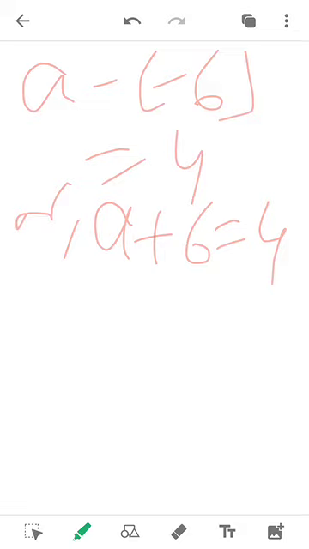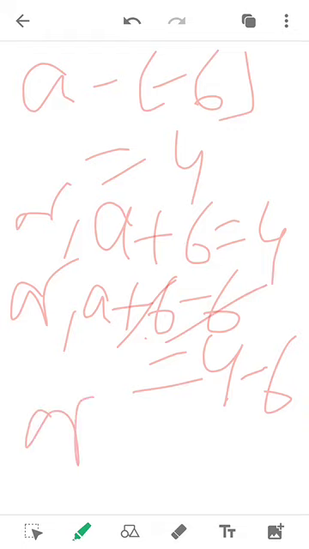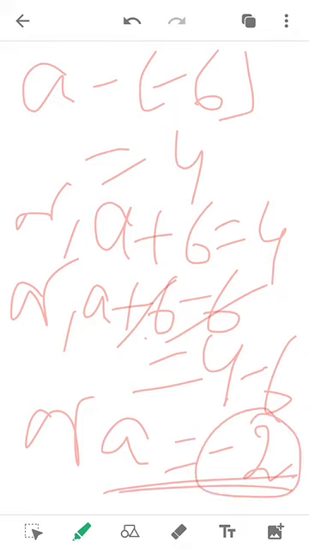We subtract 6 from both sides: a plus 6 minus 6 is equal to 4 minus 6. Plus 6 and minus 6 cancel, and 4 minus 6 is equal to minus 2. Here the value of a is minus 2.